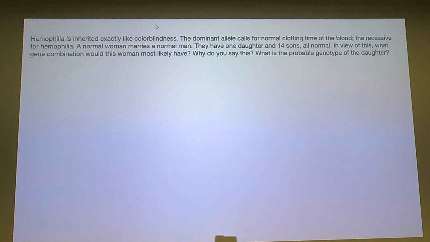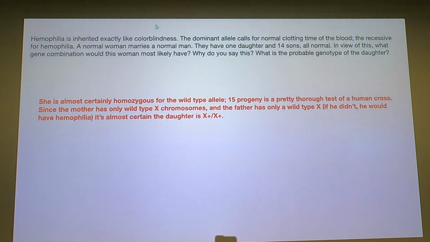So, if you were a genetic counselor and this woman came in and asked, okay, what's going to happen with my 16th child? You would say, no, you don't have to worry, they're probably not hemophilia. I'd say there's other things to worry about with 16 kids. Okay. Yeah, so she's homozygous for the wild type allele. She's thoroughly tested this cross. So we can predict that the mother and the daughter both look like this.